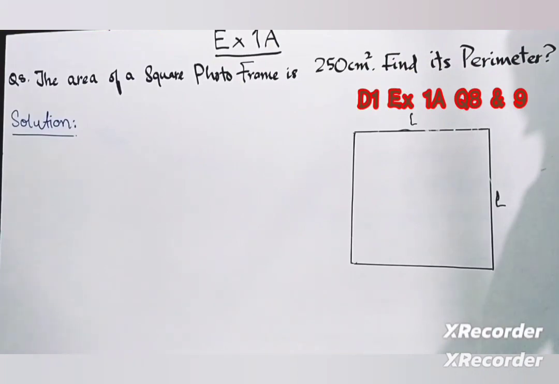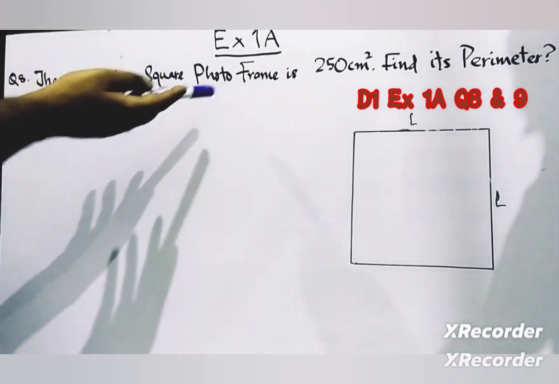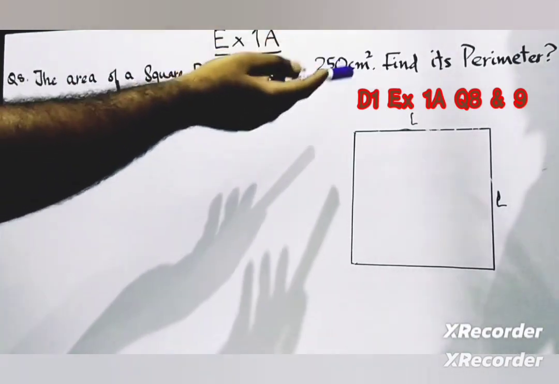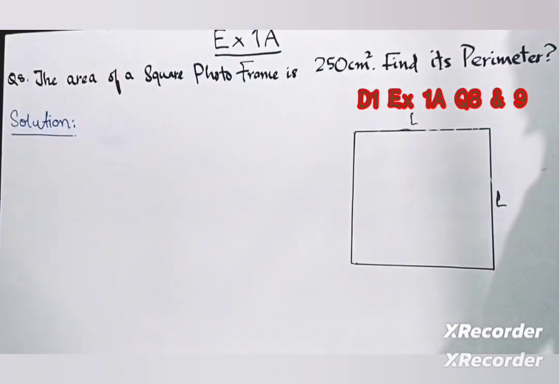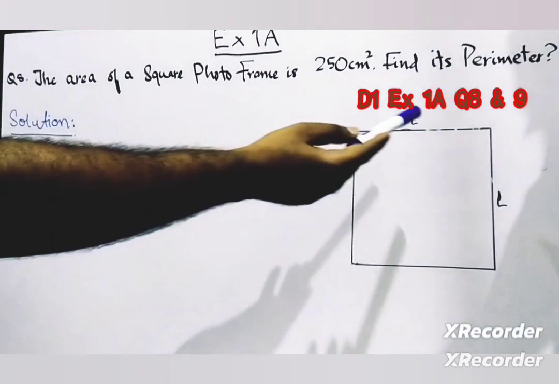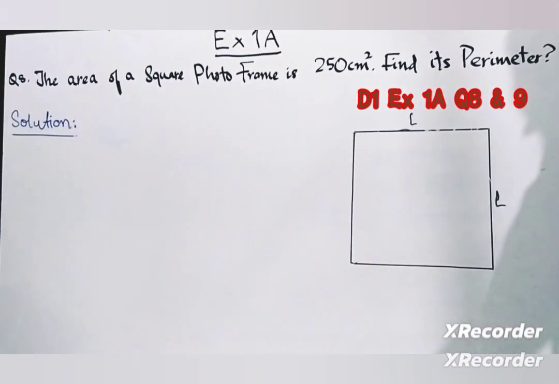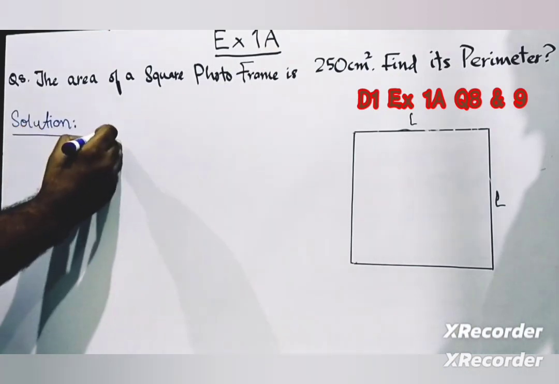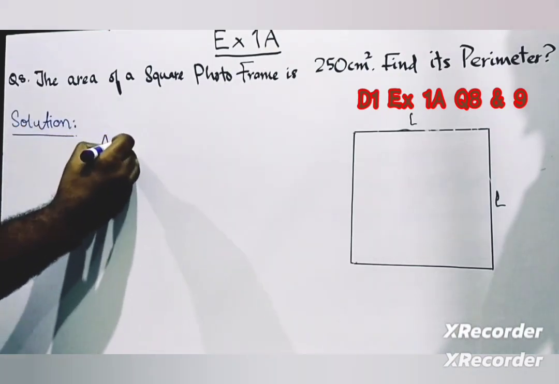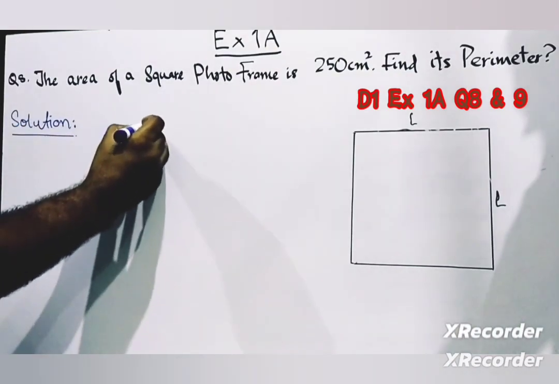Bismillahirrahmanirrahim. Today we have to do question number 8 of exercise 1A. The area of a square photo frame is 250 centimeter squared. Find its perimeter. As we know, a square has length and breadth L, equal lengths. So we know that the area of a square is equal to L squared.